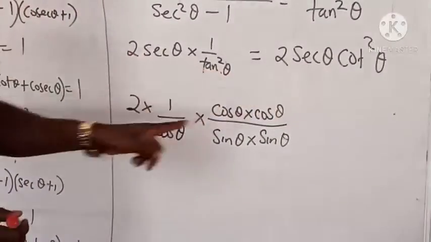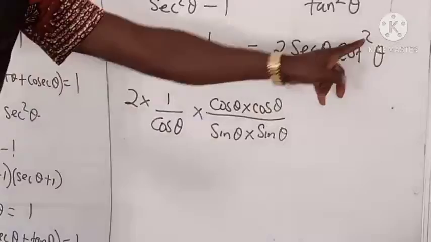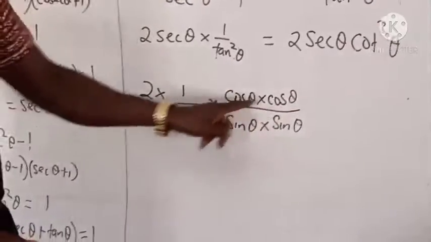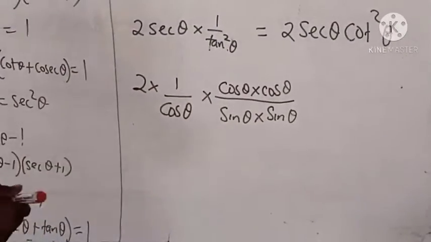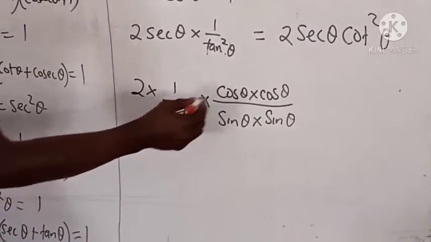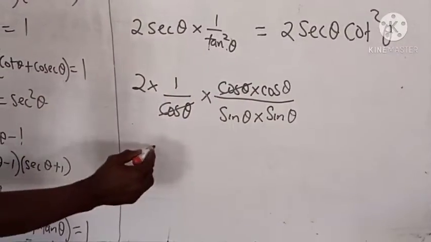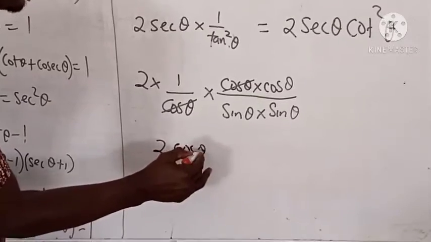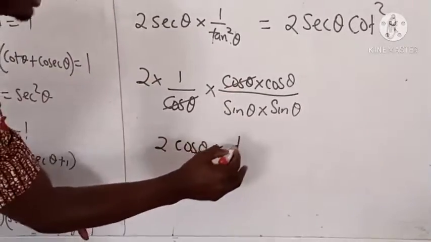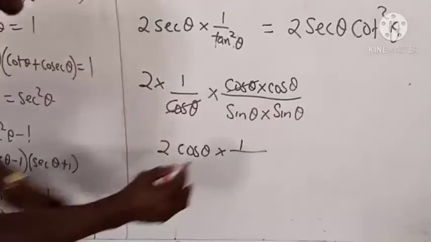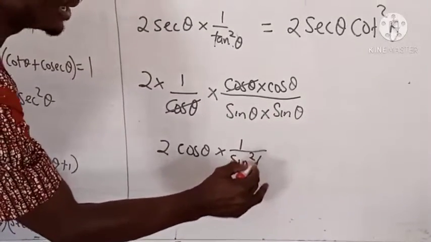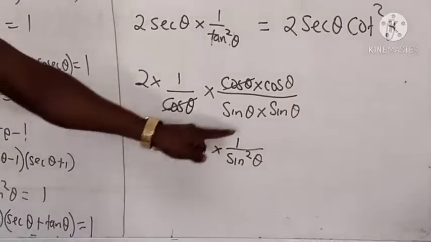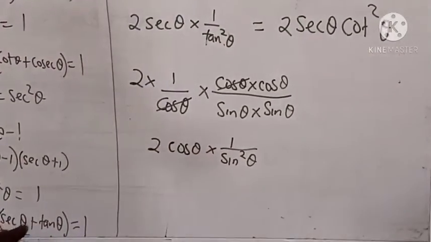Remember, sec is the inverse of cos, and cot means cos over sin. Because of the square, we replicate them this way. So one of the cos down here cancels one of the cos up there, giving 2 cos theta times a fraction 1 over sin theta times sin theta, which gives sin squared theta. So what I now have is 2 cos theta times 1 over sin squared theta.